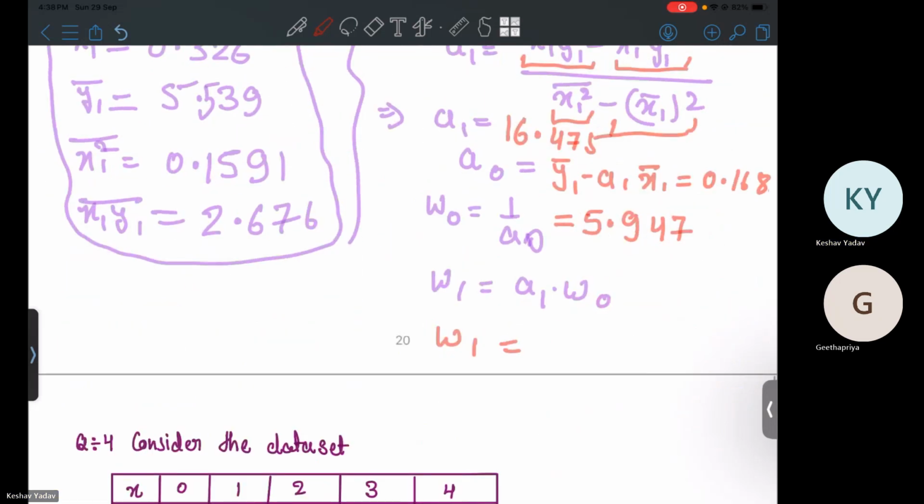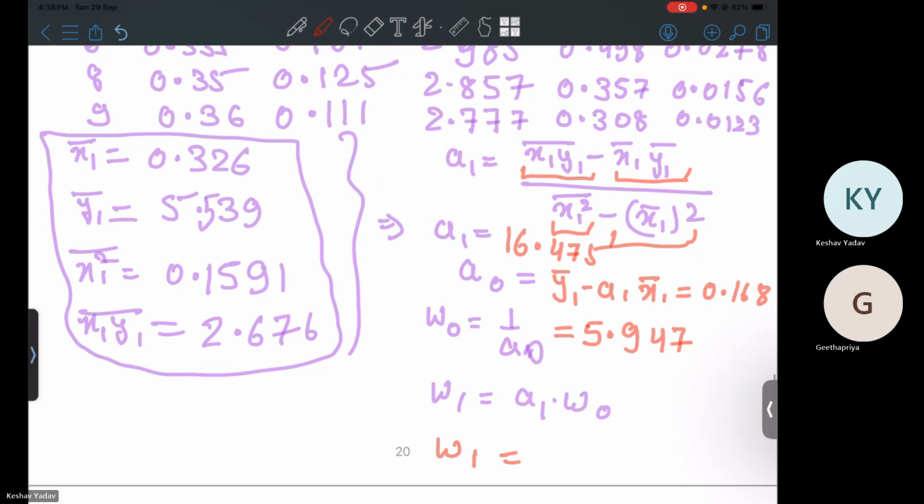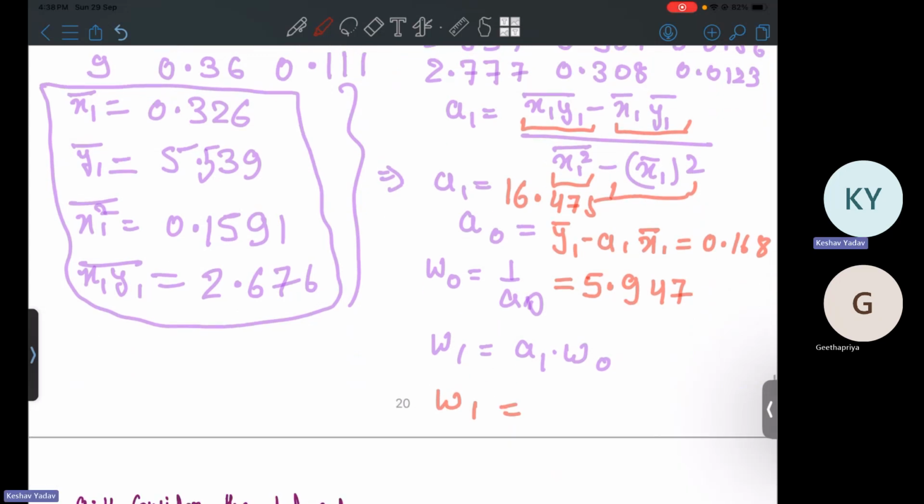So W0 only, A1 is what? 16 point something, na? 16.475. I am getting 97 point something here. Am I correct?